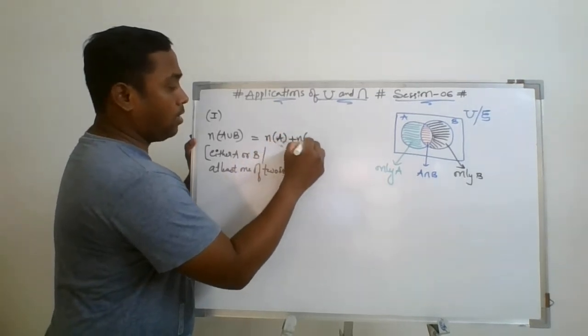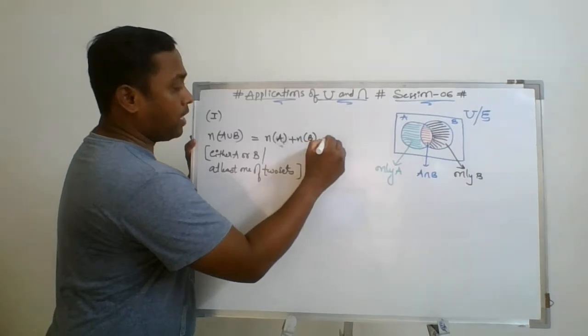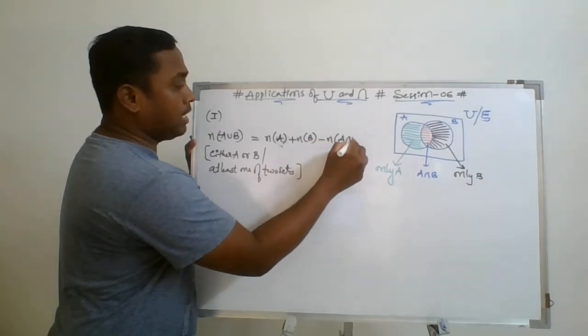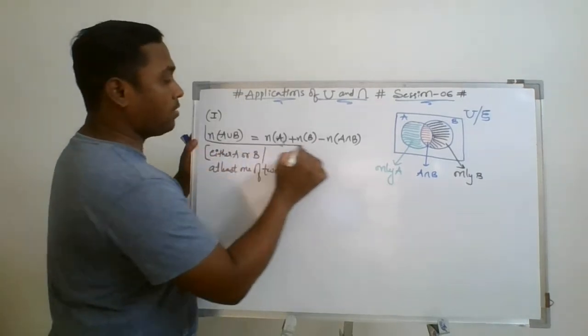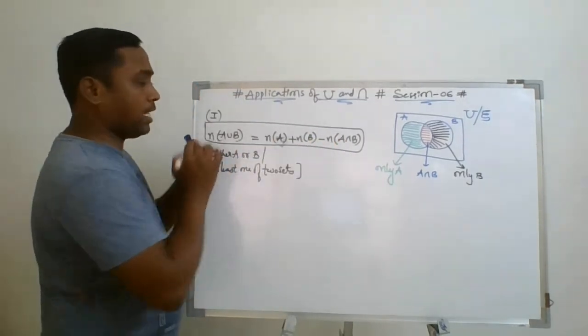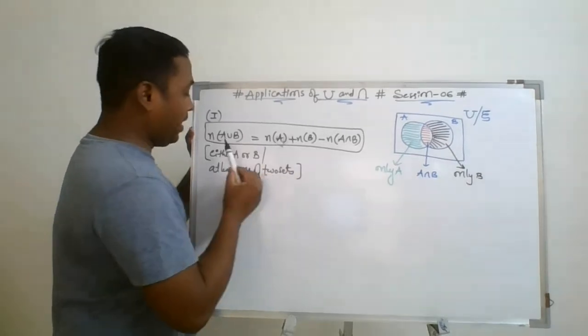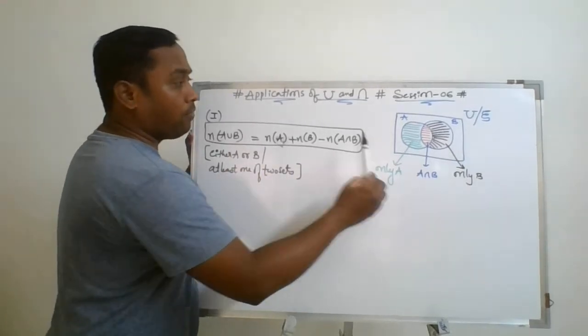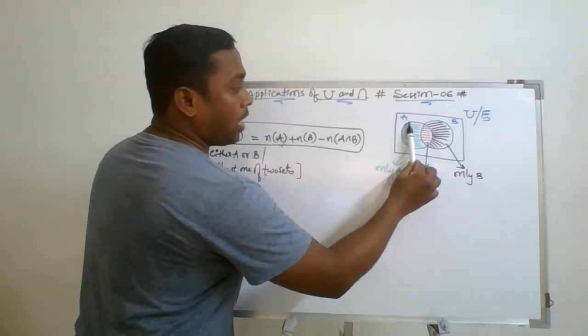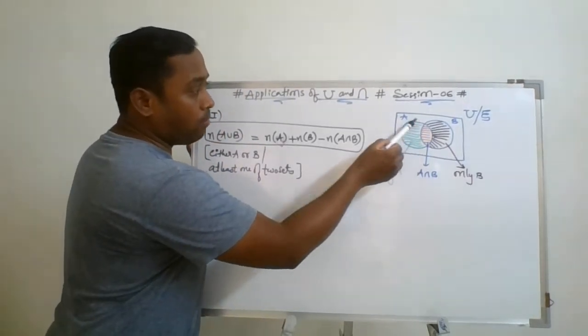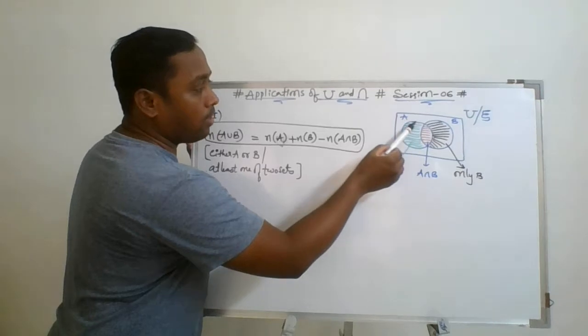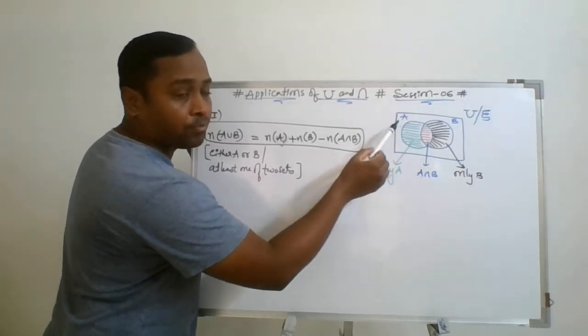number of A plus number of B minus number of A intersection B. How this formula came, you can understand simply by the Venn diagram. See, when I say A union B, we want to count this entire shaded portion. How can we count? First we take the number of A, which means the complete A circle.